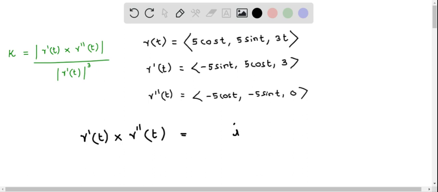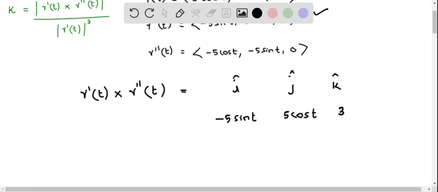I put the unit vectors i, j, k in the first row. In the second row, I put the components of r prime of t: negative 5 sine t, 5 cosine t, and 3 for k. Now I put the components of r double prime of t in the third row: negative 5 cosine t, negative 5 sine t, and 0.